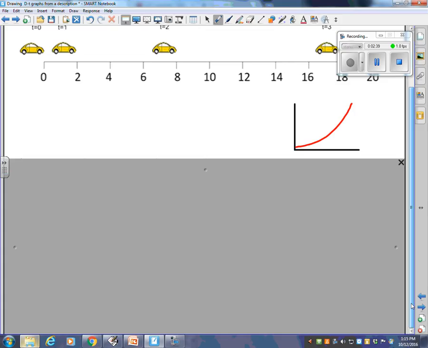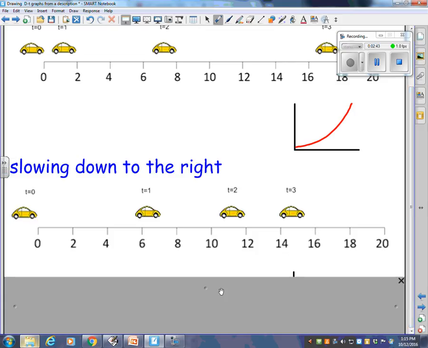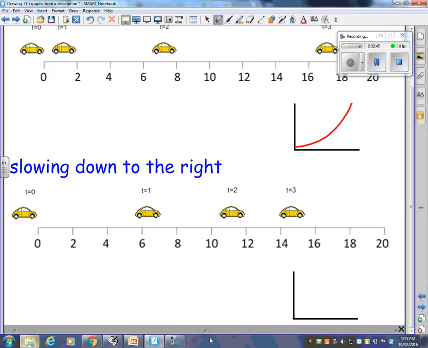Now, I think you probably have slowing down to the right next. First of all, how can you tell the car is slowing down? Space is getting smaller. Common sense tells us that. Slowing down to the right. What does the shape of the graph look like? The opposite of that. Okay, so I've seen a few people show me with their hands.